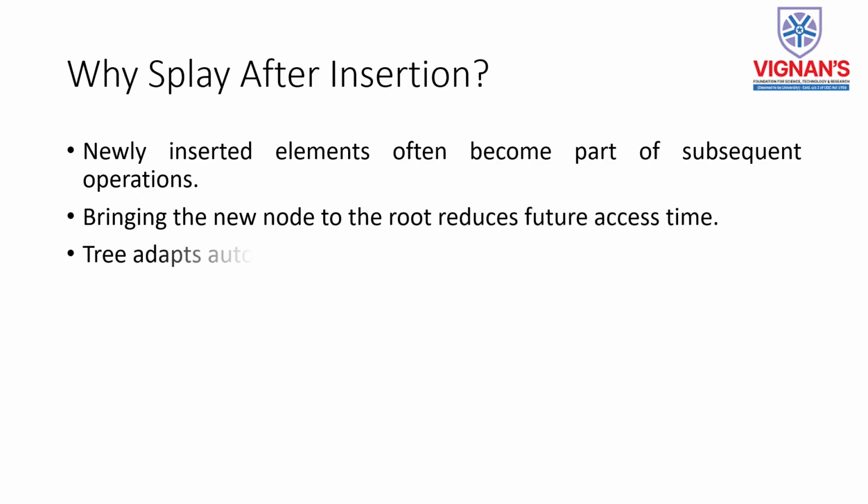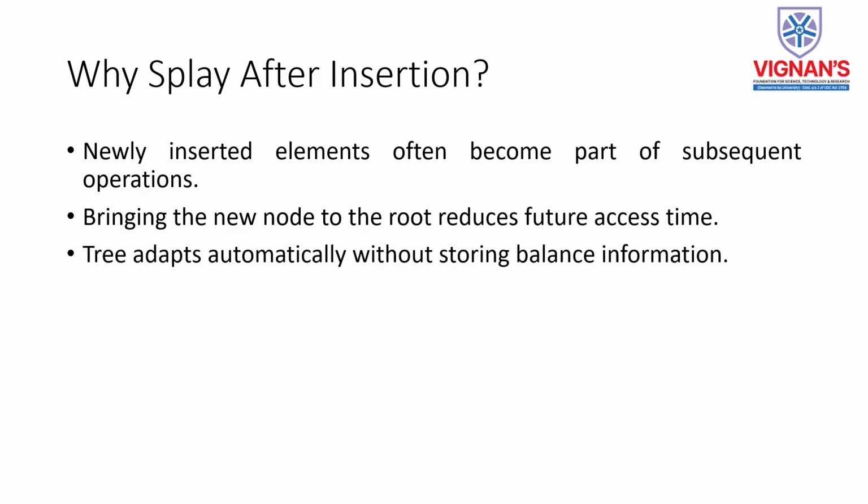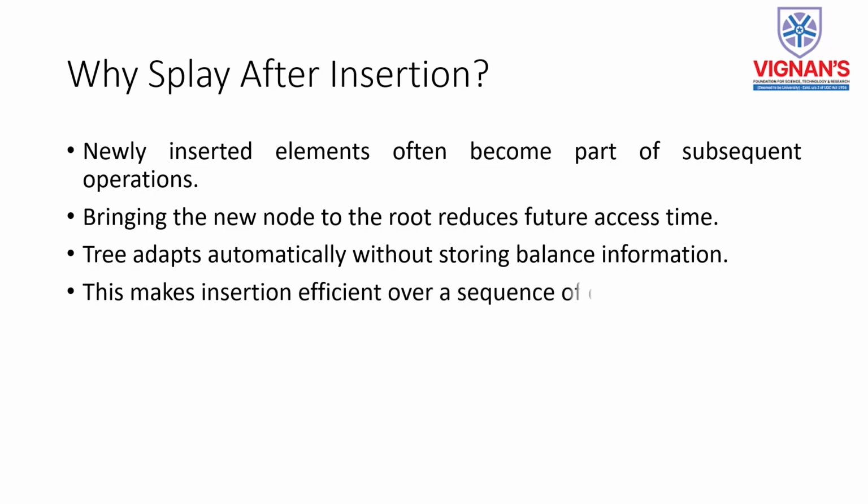Tree adapts automatically without storing balance information. The tree adjusts its structure on its own, without maintaining extra balance data. This makes insertion efficient over a sequence of operations. Over multiple insertions, this approach provides efficient overall performance.